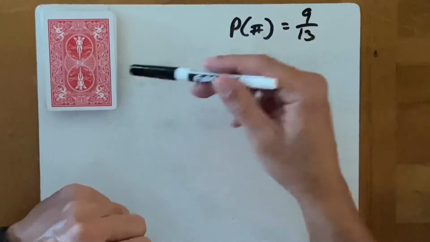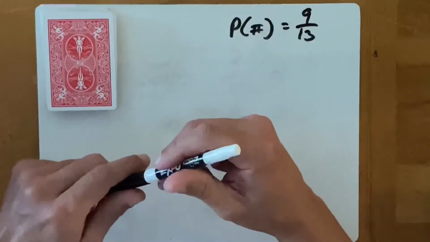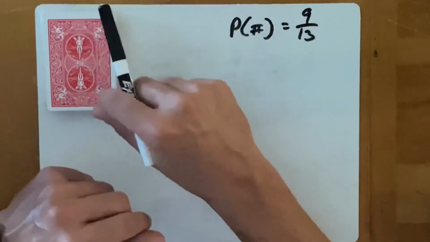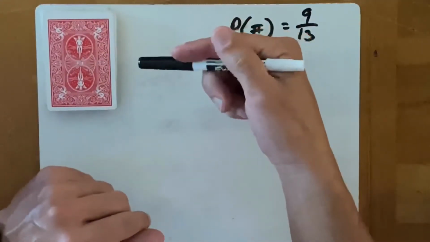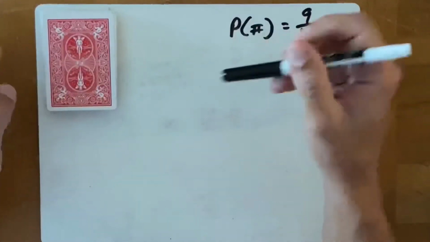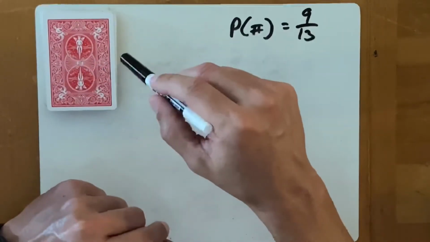Well, since I put the original card back in the deck, that's what's called replacement. Replacement means that I've reset the sample space back to the original, so the sample space has not changed from the previous pull. That is called replacement, when I put it back in there and reset the sample space.